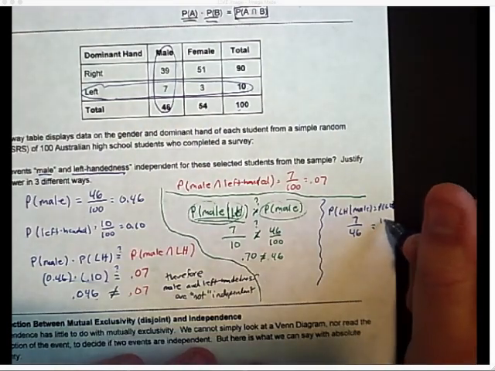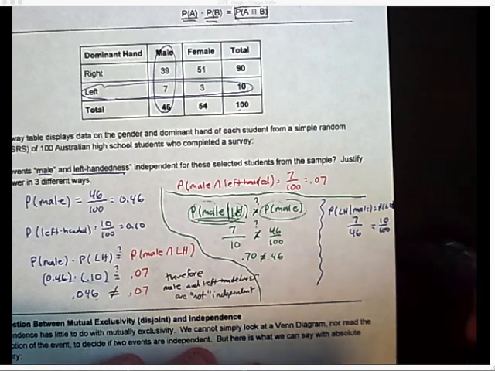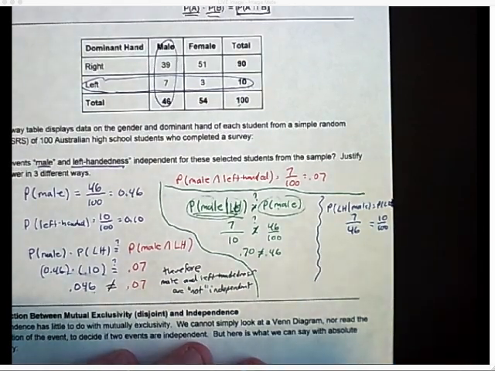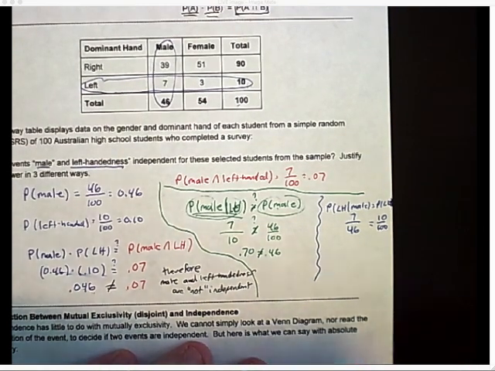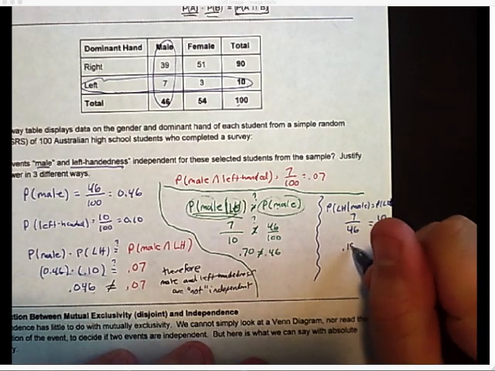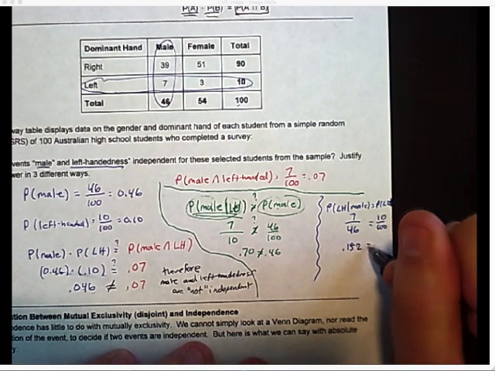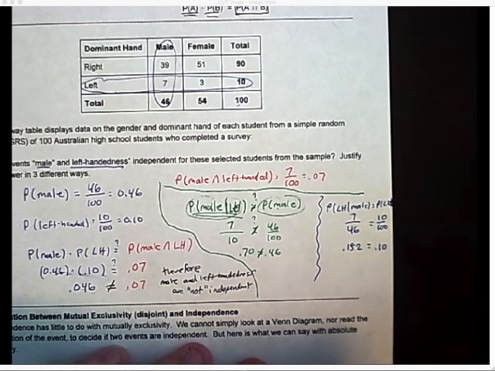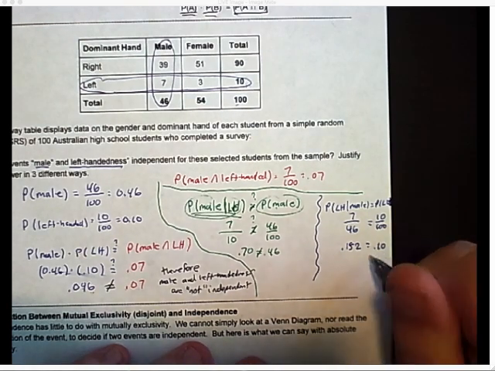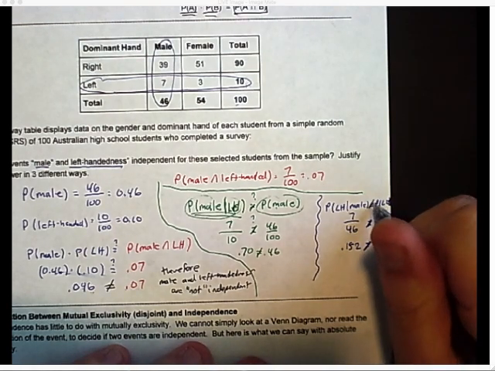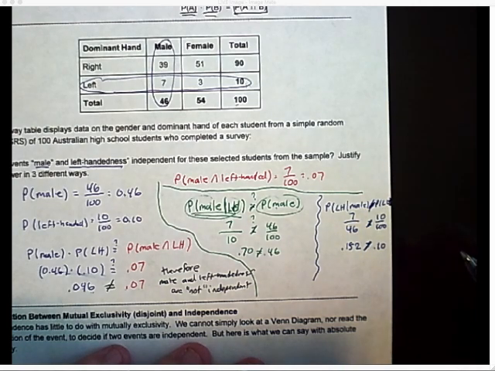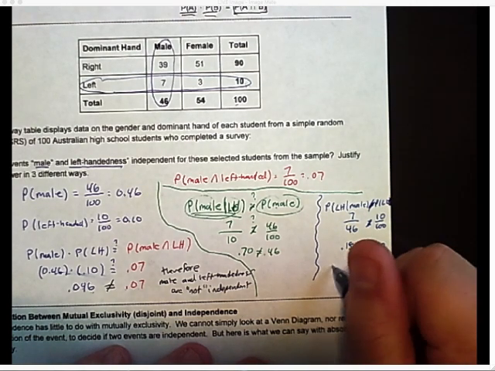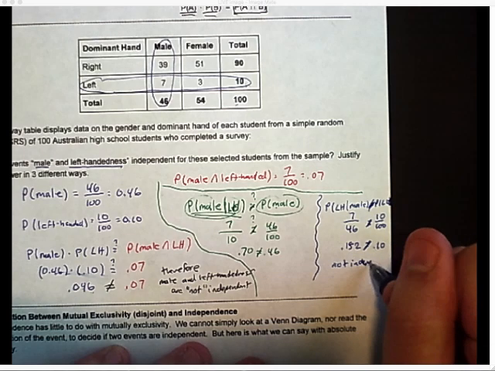Okay, the probability of being left-handed is 10 out of 100. All right, so if I do 7 over 46, that gives me 0.152. 10 out of 100 gives me 0.10. So these do not equal each other. And since those don't equal each other, then we would say that those events are not independent.